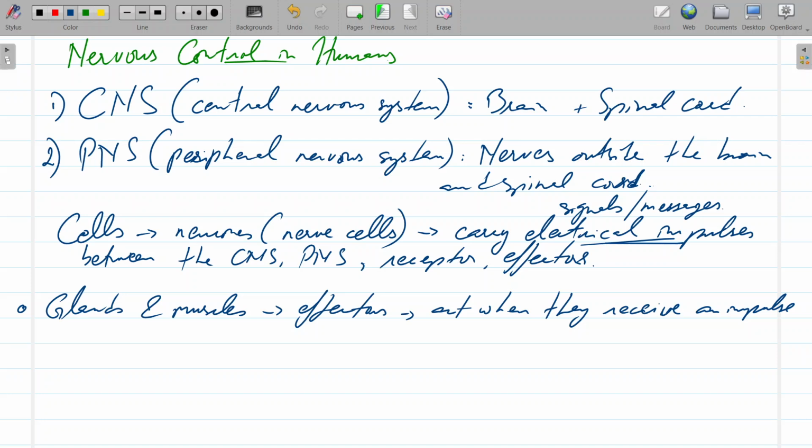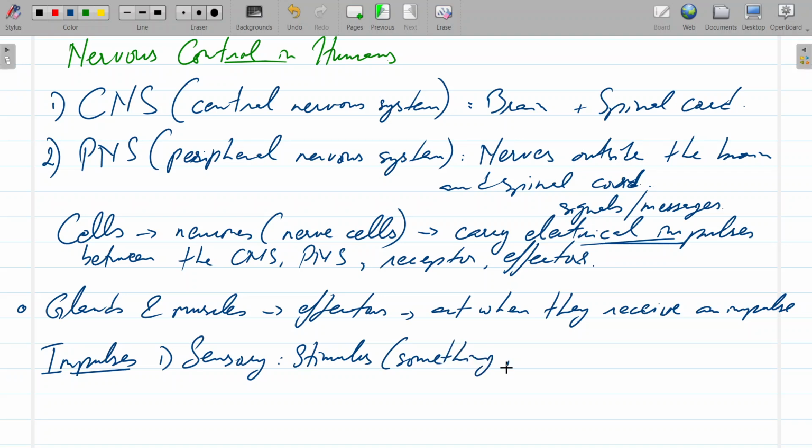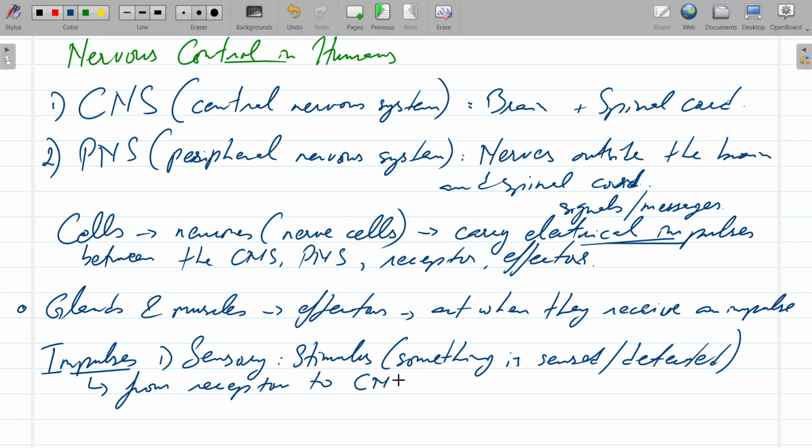So the impulses can be either sensory, which means something is sensed, something is detected, there's a stimulus, and that impulse is carried from the receptor to the central nervous system.